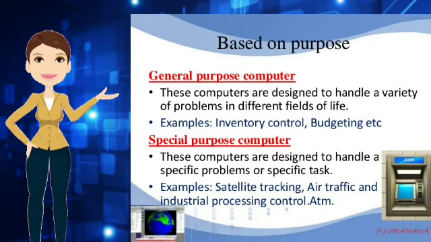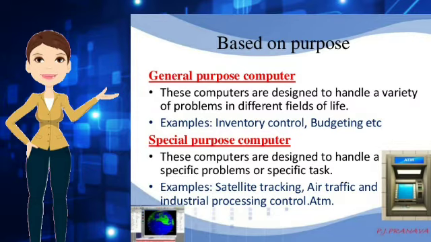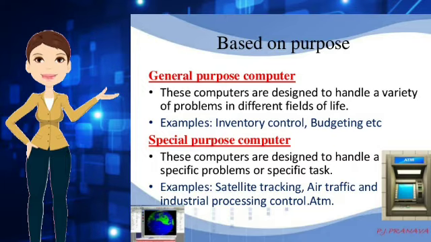They are used in traffic light control systems, weather forecasting, and launching satellites. We use special purpose software in these types of computers, and general purpose for things such as writing and editing.